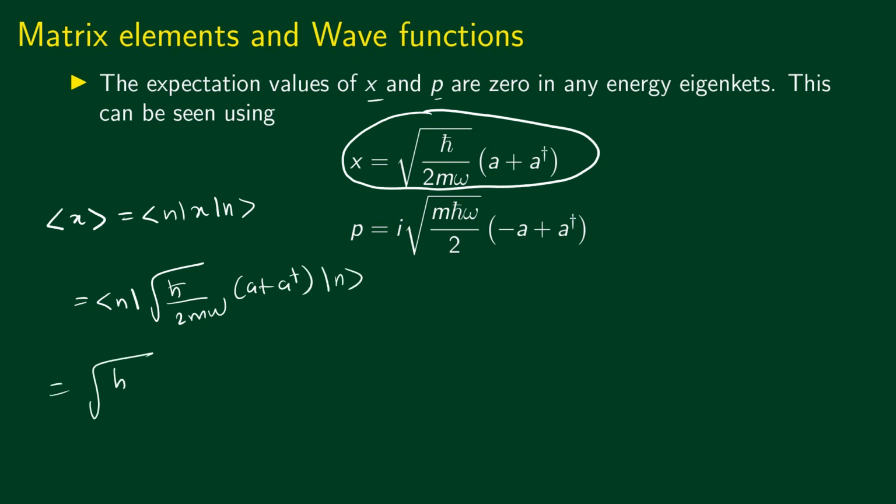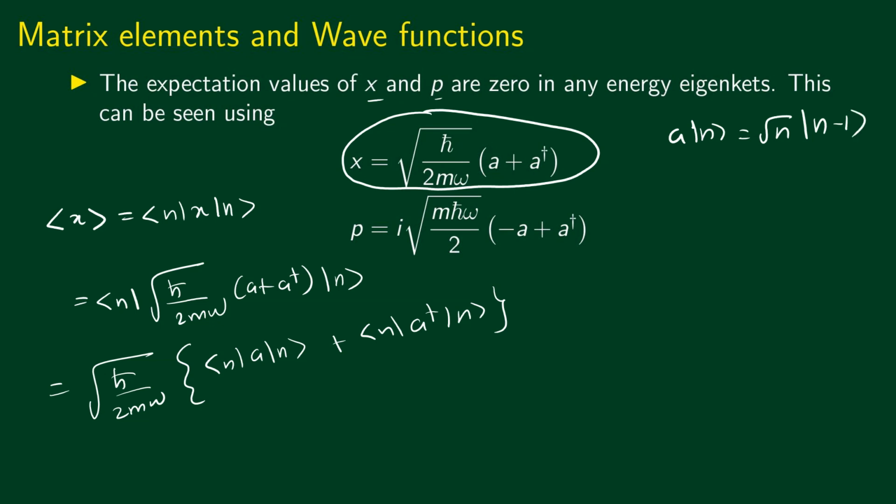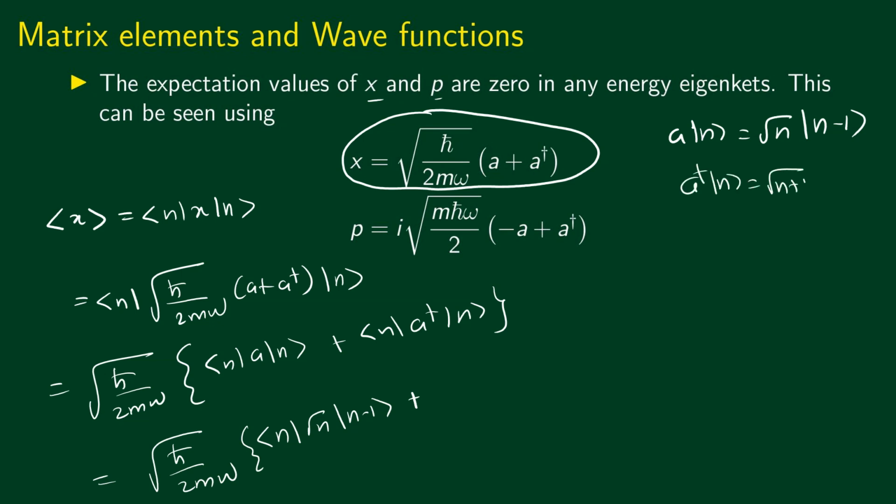The square root of h bar by 2 m omega can be pulled out, and then we have bra n a ket n plus bra n a dagger ket n. Now we can use the relation a acting on ket n is equal to square root of n multiplying ket n minus 1. So this becomes square root of h bar divided by 2 m omega, bra n square root of n ket n minus 1 plus, again here, a dagger acting on ket n gives square root of n plus 1 multiplying ket n plus 1. And we have bra n square root of n plus 1 multiplying ket n plus 1.